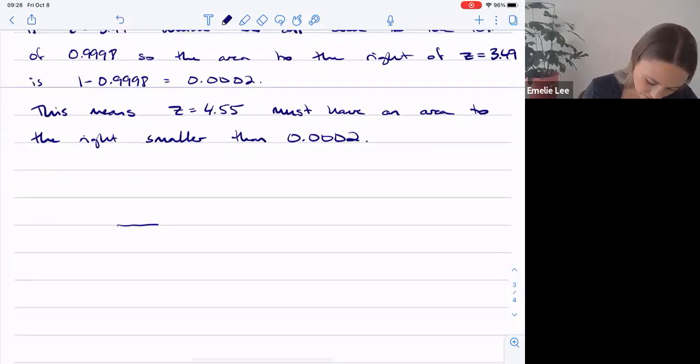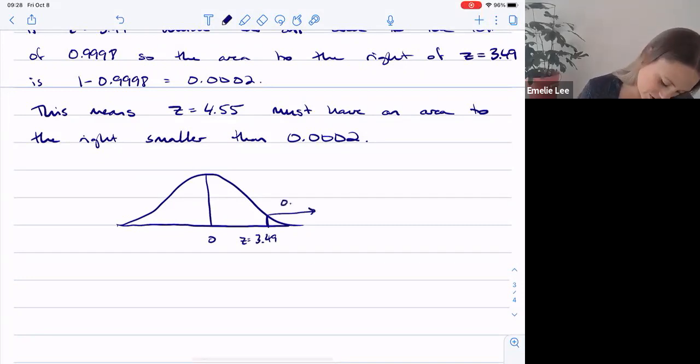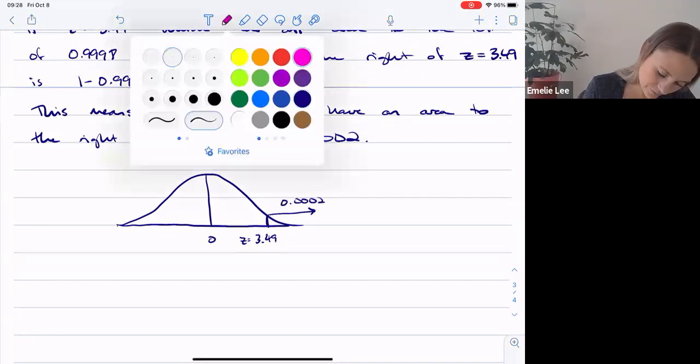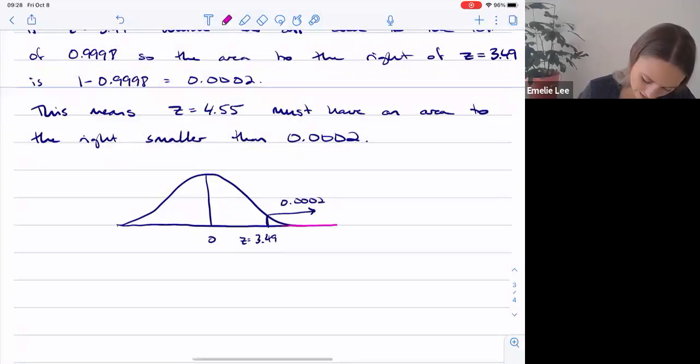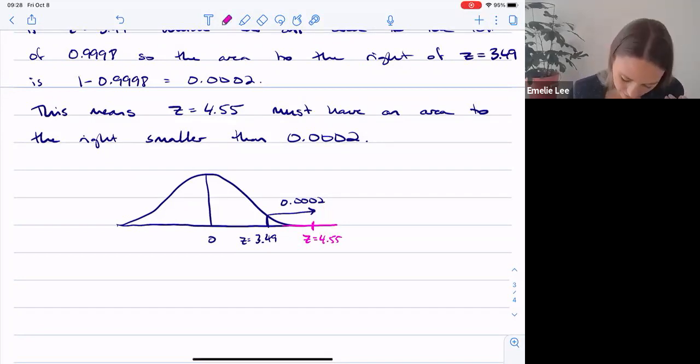If we have a look at our standard normal curve, we're being told that Z equal to 3.49 has an area to the right of 0.0002. So now if I head out here to Z equal to 4.55, we could say it's approximately 0, or just less than 0.0002, right?